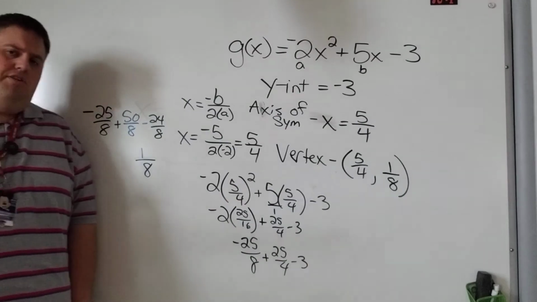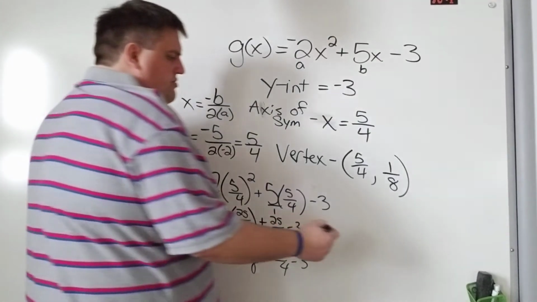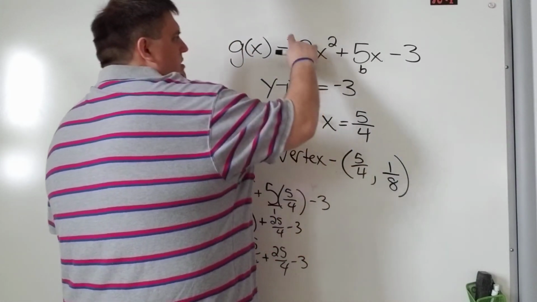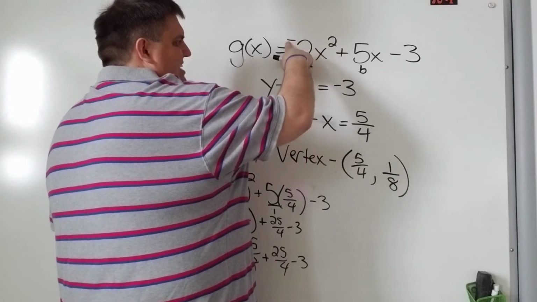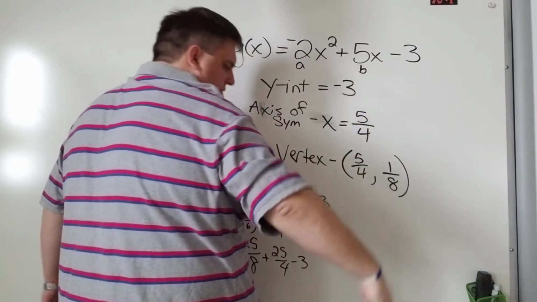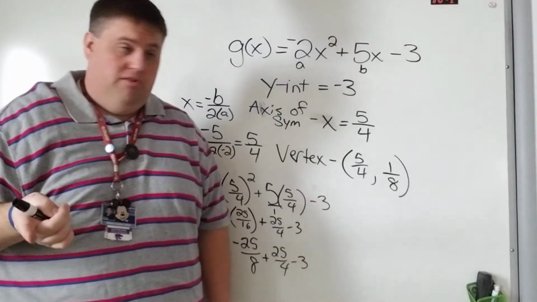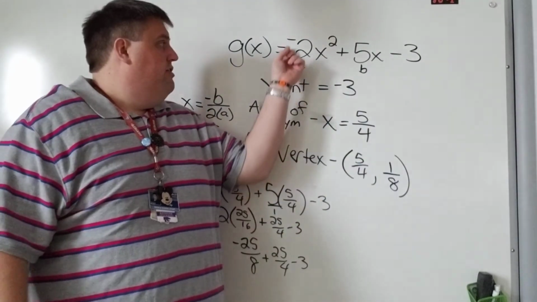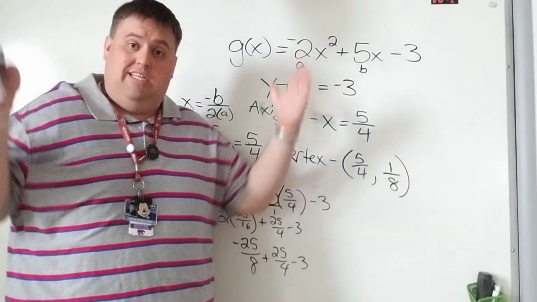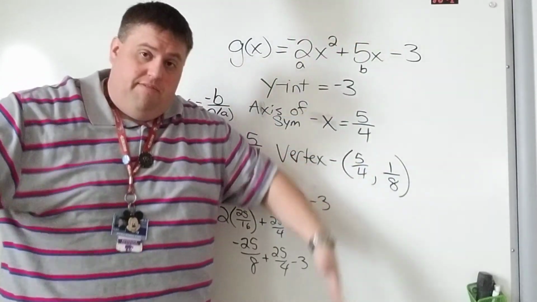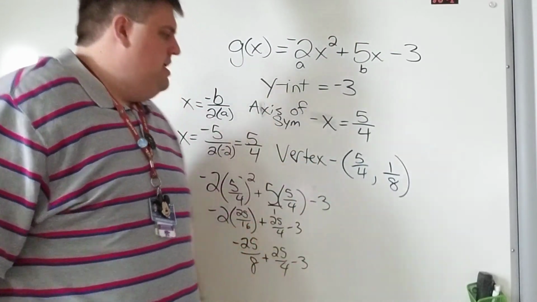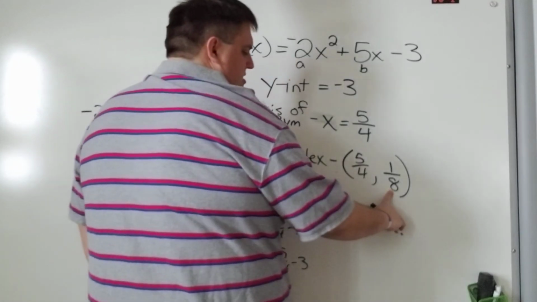And then I could also go ahead and roll with domain and range, right? So I know that since this is negative, this is going down, I can tell you this is going to be my maximum value, right? The 1/8. You got to just look at that leading coefficient. Is it opening up? Then it's a minimum. If it's opening down, that's a maximum. And so in this case, my vertex is here.